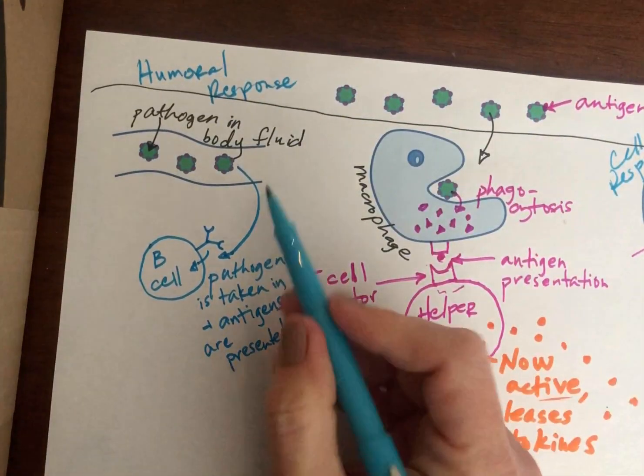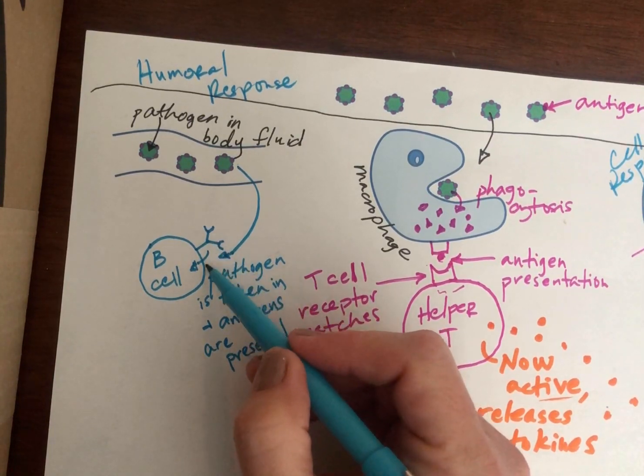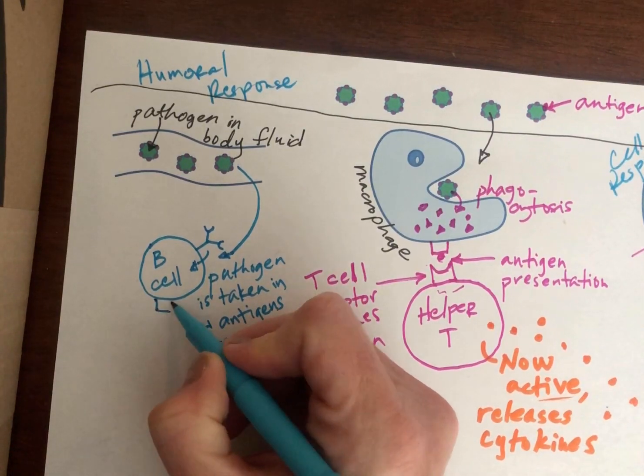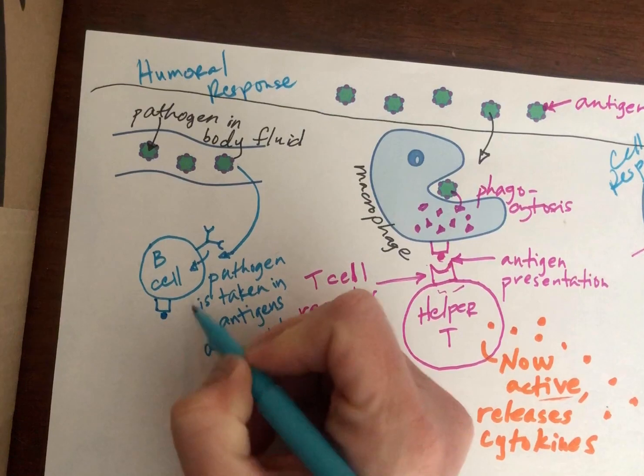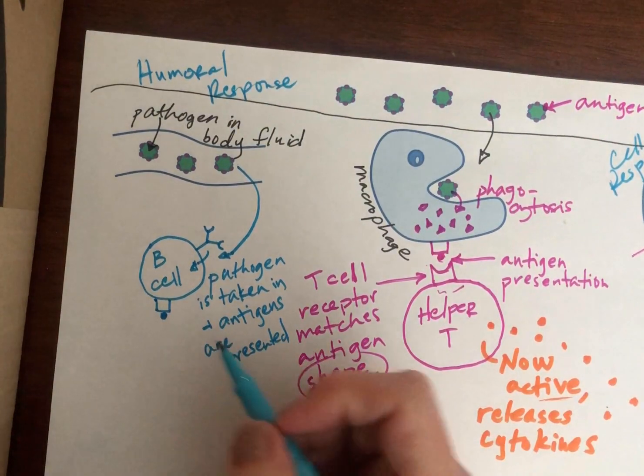Okay, so the pathogen is going to be taken in by the B cell. It's recognized by the shape matching here, and then the B cell will chop it up in little pieces and present an antigen on its surface, similar to the other instances of antigen presentation.